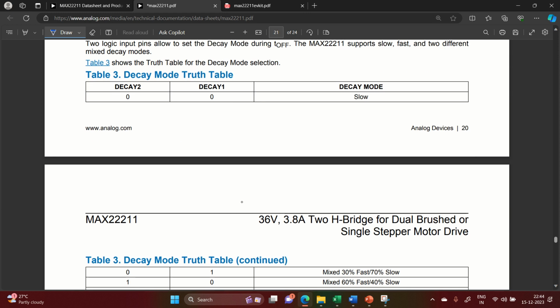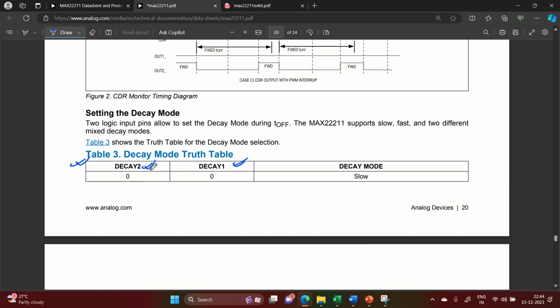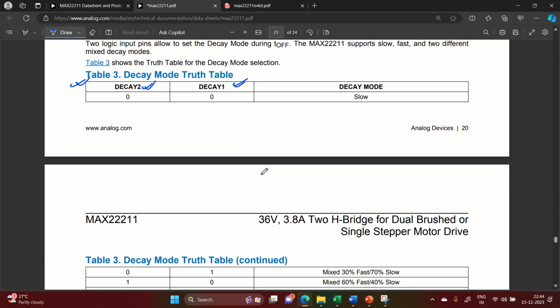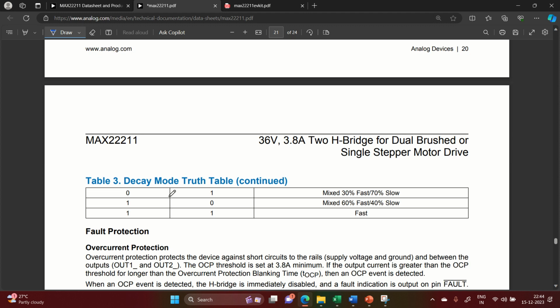Next is our decay mode truth table, with decay 2 and decay 1. These will be set by the microcontroller's pins. 0 0 means slow mode, 0 1 means mixed mode, that is 30% fast and 70% slow, 1 0 means 60% fast and 40% slow, and 1 1 means fast mode.